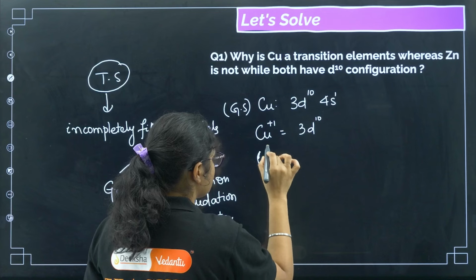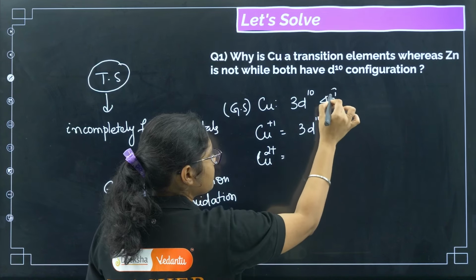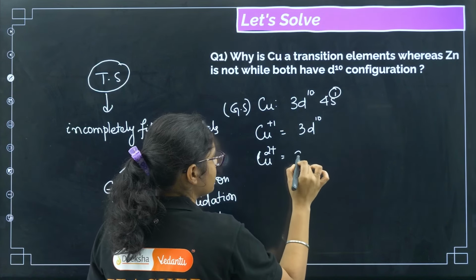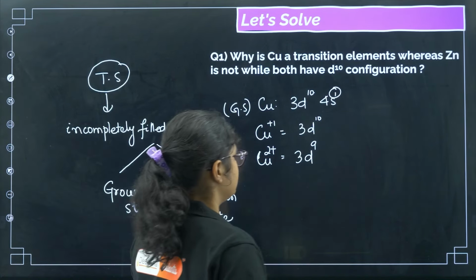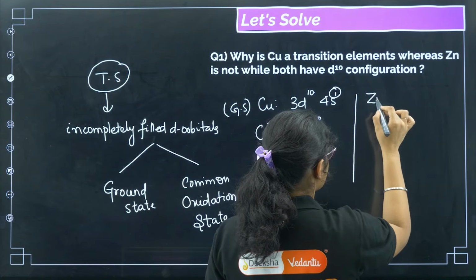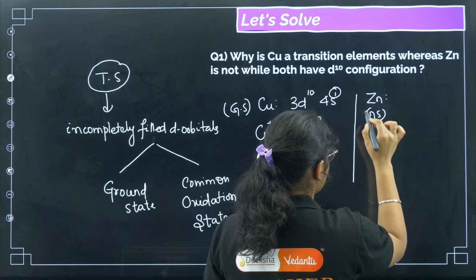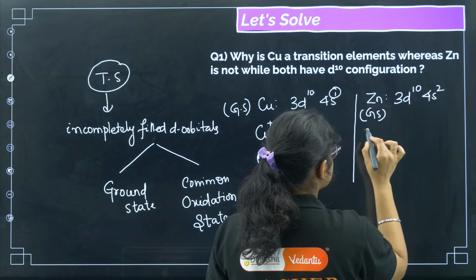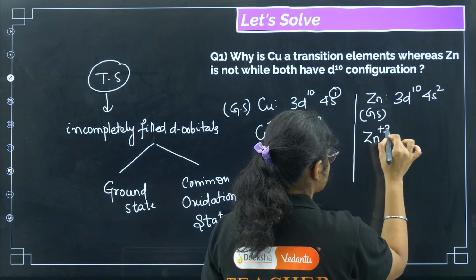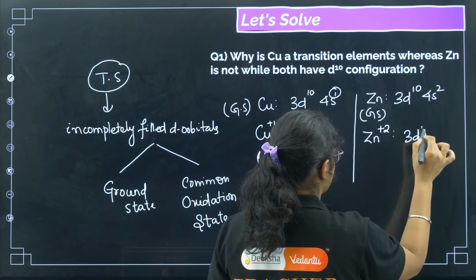For copper 2 plus, one electron will go from here and one from here, so I will get 3d9, right? Now for zinc, the electronic configuration in the ground state is 3d10 and 4s2. Zinc has only one common oxidation state, that is plus 2, and I will get 3d10, right?